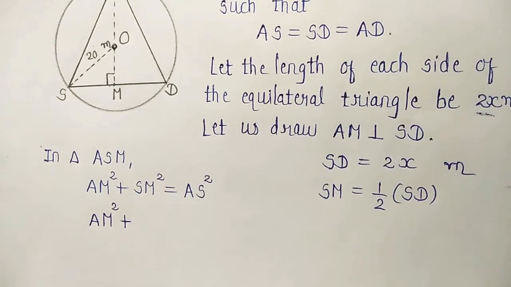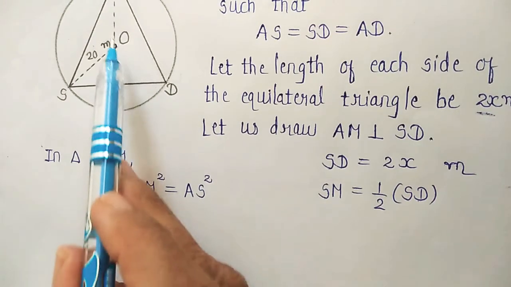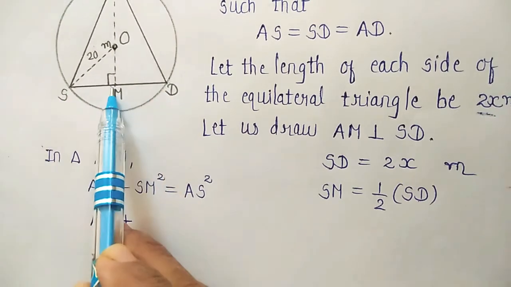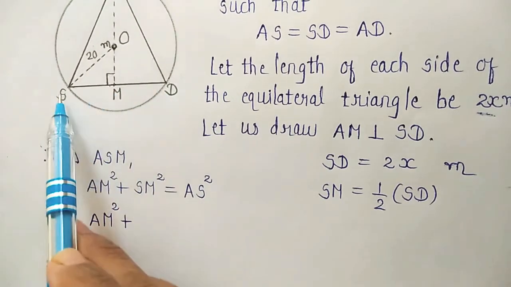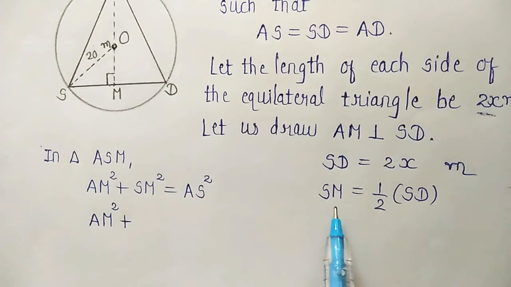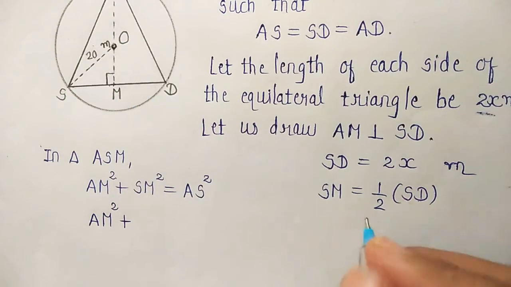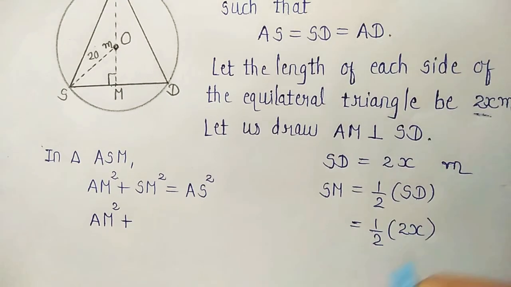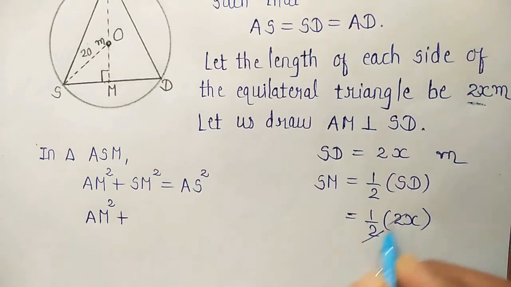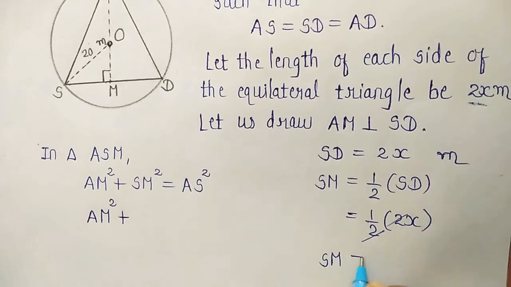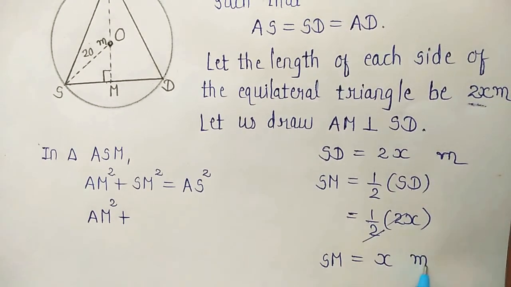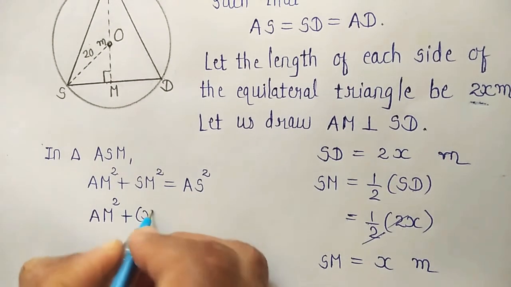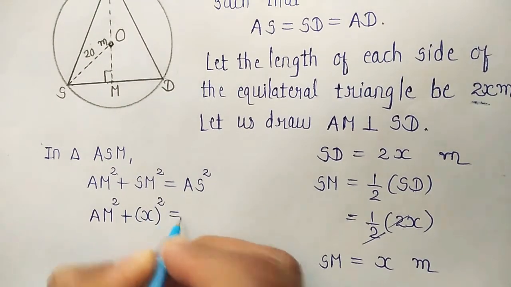Why is it so? Because this perpendicular bisects the chord. So SM is equal to MD is equal to half of SD, and SD is 2x. 2 cancels. So SM is x meter.